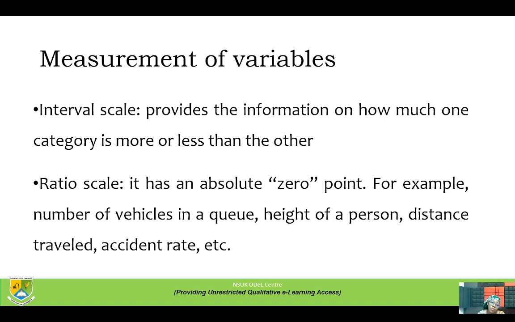As for the ratio scale, it has an absolute 0 point. For example, number of vehicles in a queue, height of a person, distance traveled, accident rate. The order of arrangement here matters. For example, I'll give you another example.